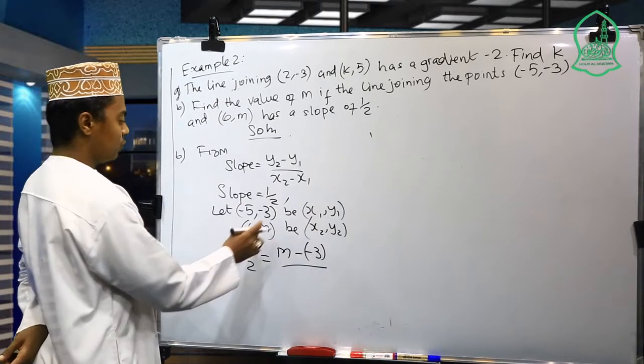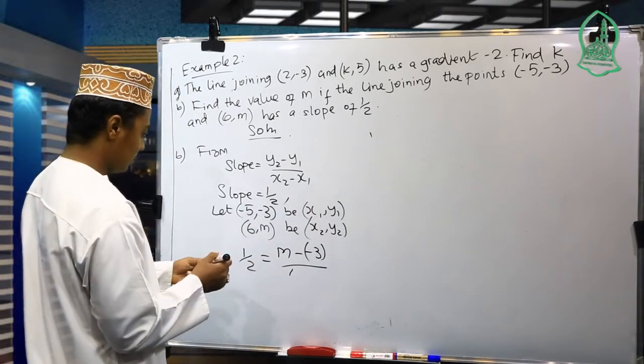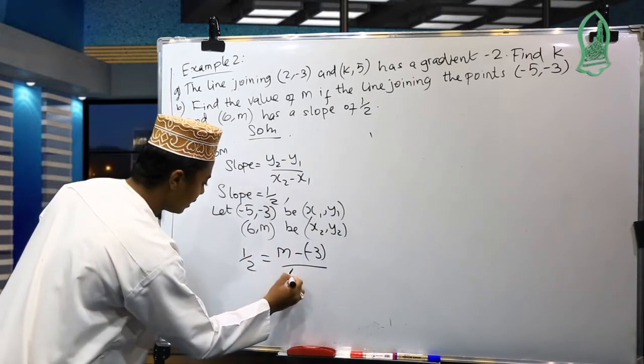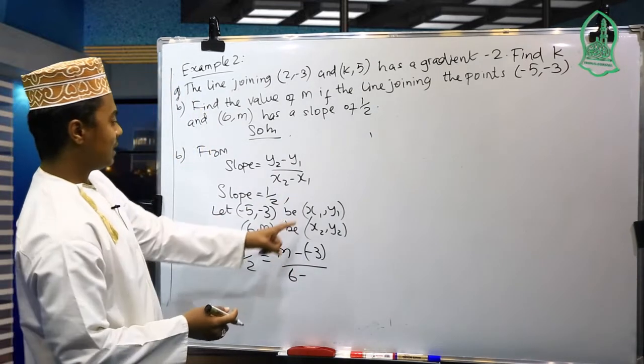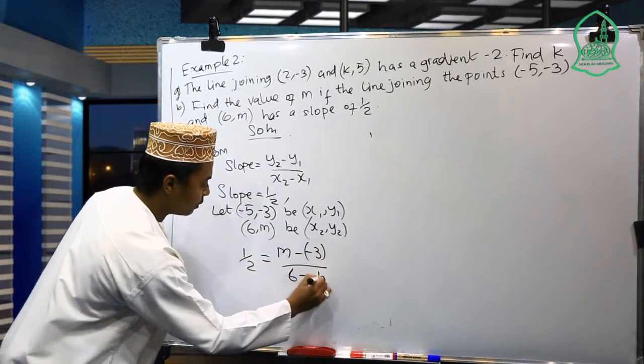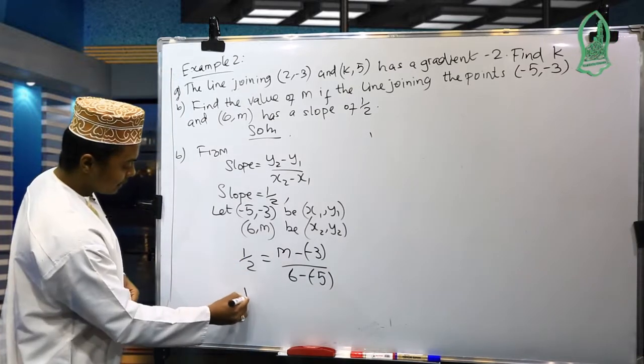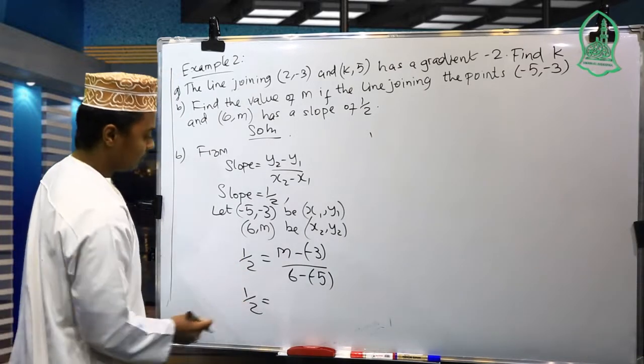What is x2? x2 is 6, right? Minus, what is x1? x1 is negative 5. So we put it here, negative 5. So let us continue simplifying this question.